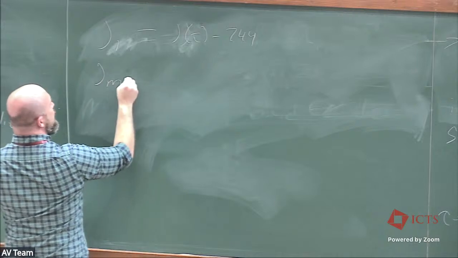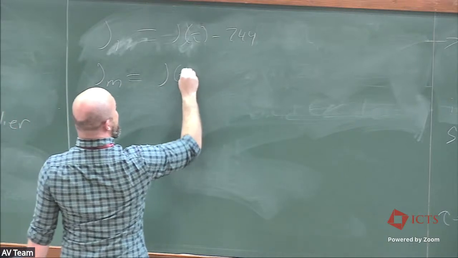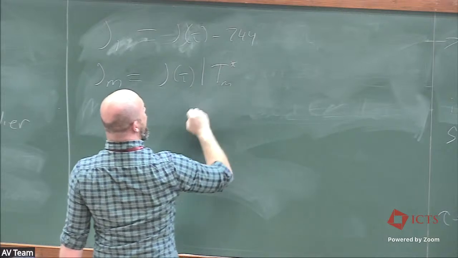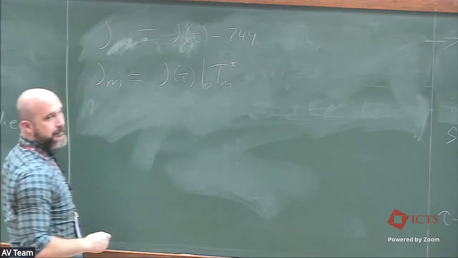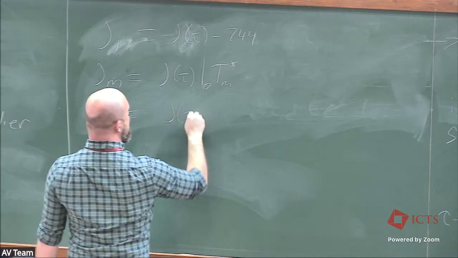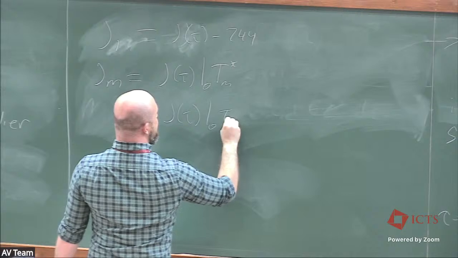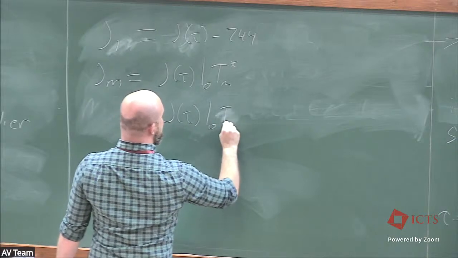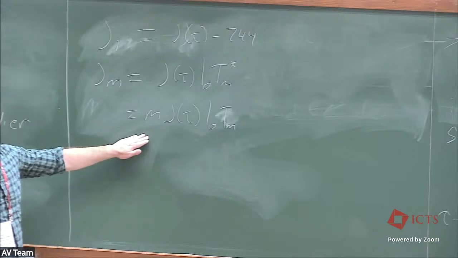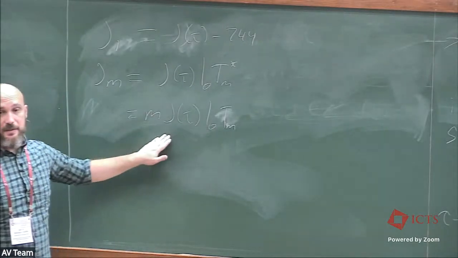And in general, J_m is equal to J of tau hit with this T_m star Hecke operator. If we wanted to write this in terms of the usual operator, it's going to be T_m, but then we have to multiply by m. Otherwise, this introduces a denominator.